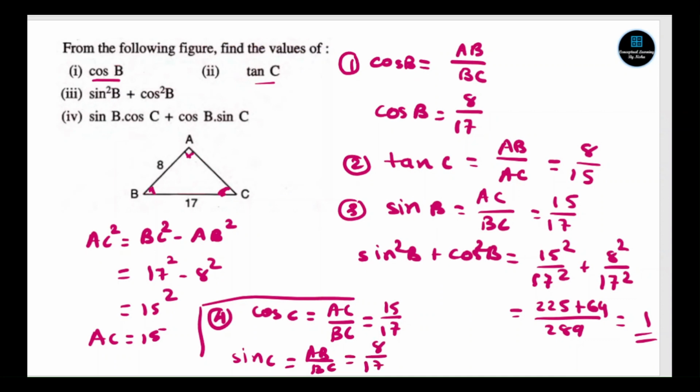And when I substitute all the values here, sin B is 15 upon 17 into 15 upon 17 plus 8 upon 17 into 8 upon 17. And when we simplify that, again we'll get the value 1. Alright. So this is how you can find these values. Perfect. I hope you understand this.